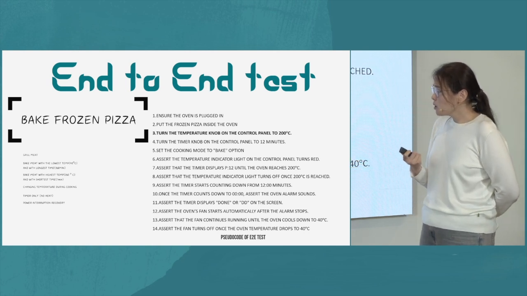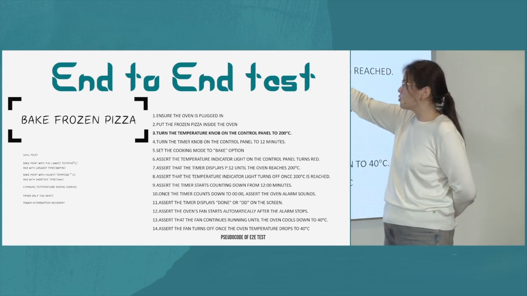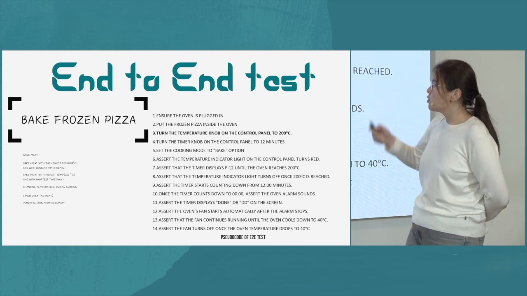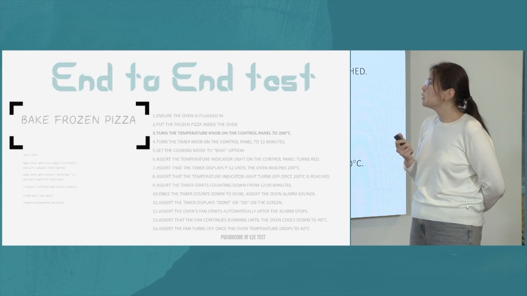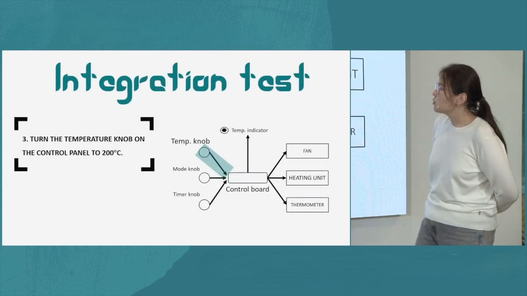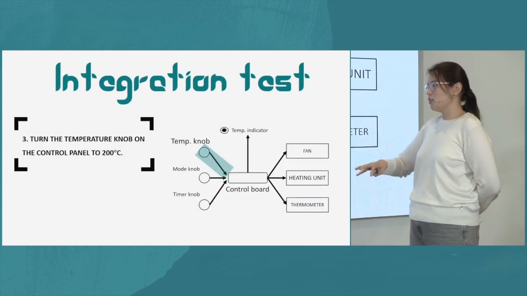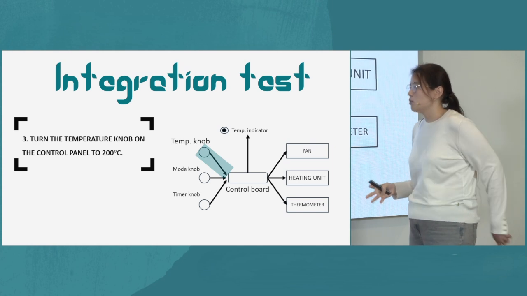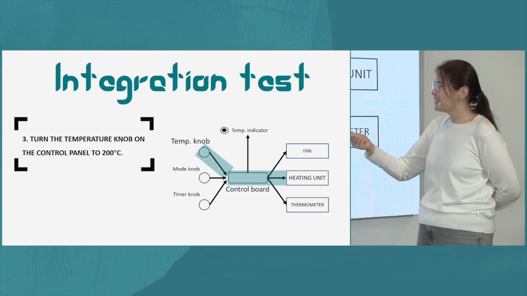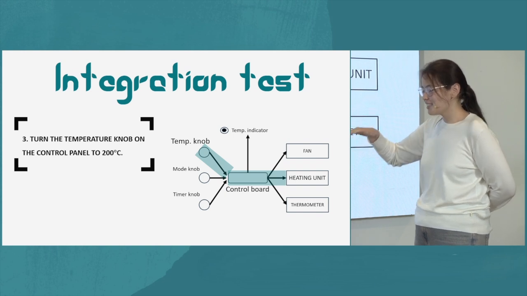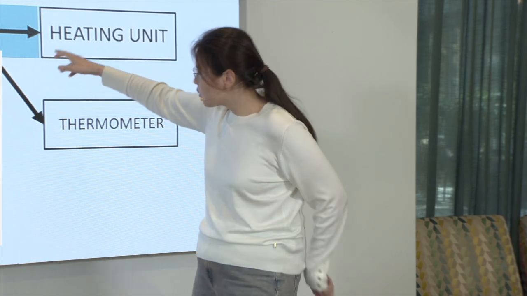So what I'm suggesting is to take the third step, for example: turn the temperature knob on the control panel to 200 degrees. Here we go. So let's try to create integration tests for that. If I turn the temperature knob to 200 degrees, it will be sent to the control board.